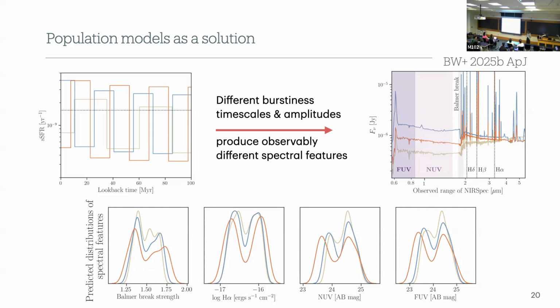The takeaway message is they produce different distributions. So the idea is, even if the information content in each single galaxy is not enough to constrain the complex behaviors in star formation history, by looking at a group of galaxies, the distributions of the spectral features, we can constrain the burstiness in those early galaxies.